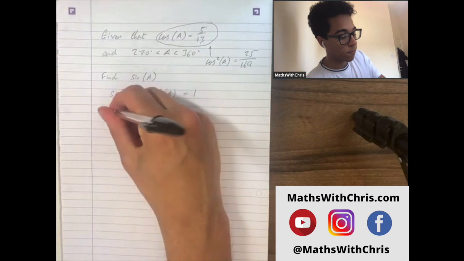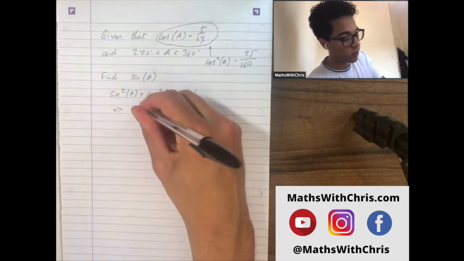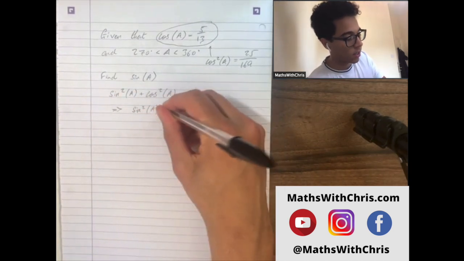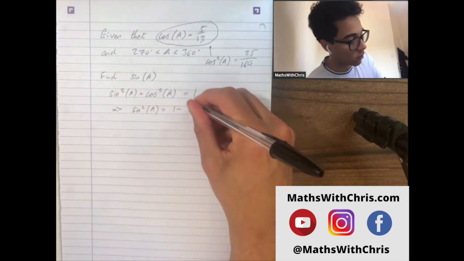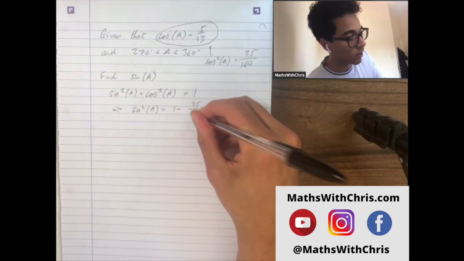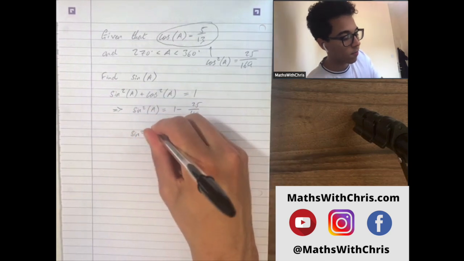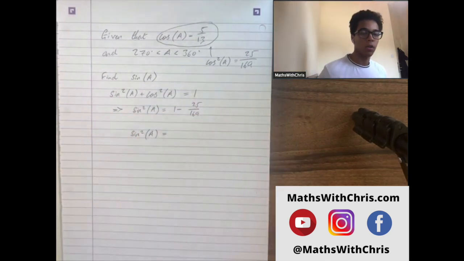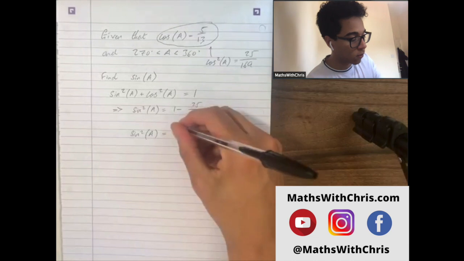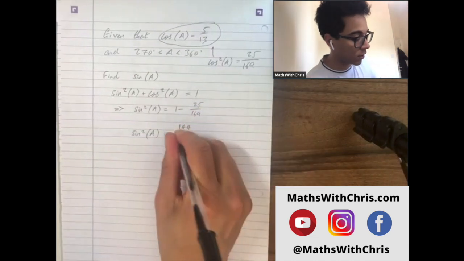So what does that mean? Sine squared of A equals 1 minus 25/169. So just simplify that, 169 take away 25 is 144/169.